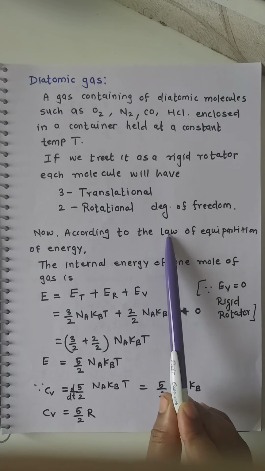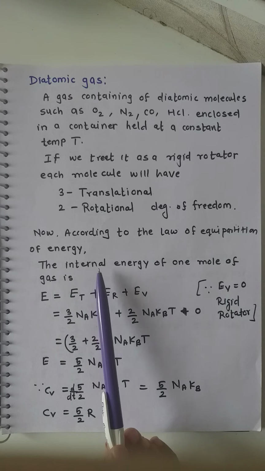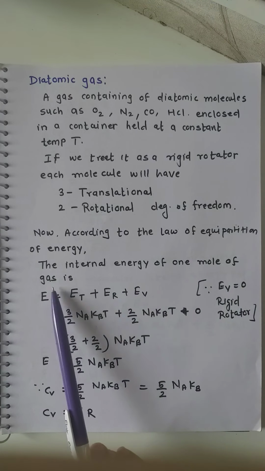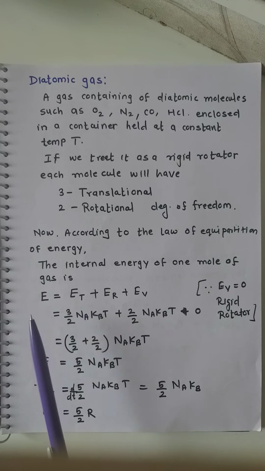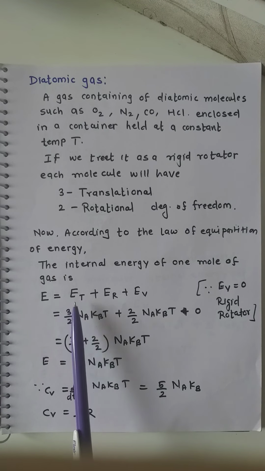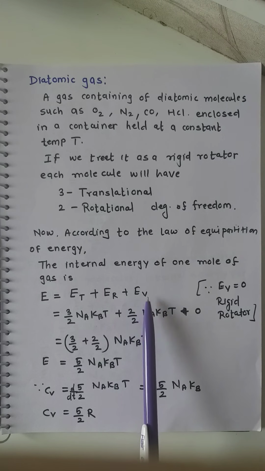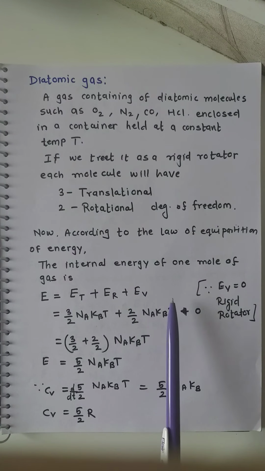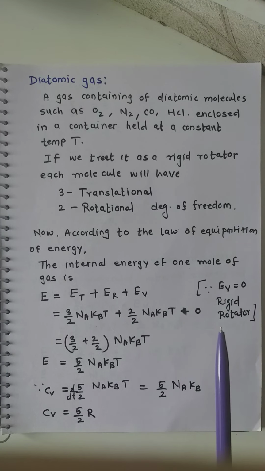Now according to the law of equipartition of energy, the total internal energy of 1 mole is given by E, which is equal to translational energy plus rotational energy plus vibrational energy. But in this case, we don't have vibrational energy, so we put EV equal to 0 since it is a rigid rotator.